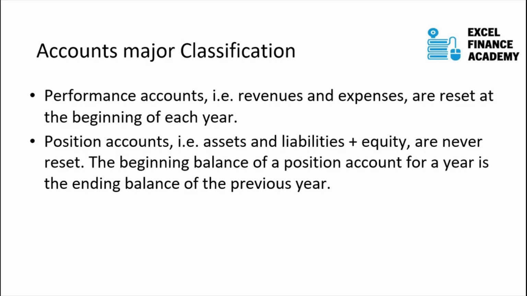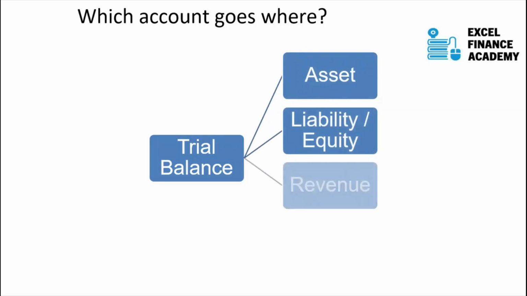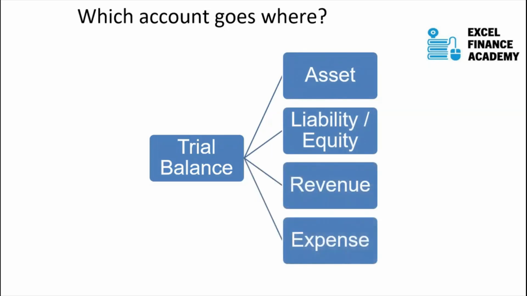Remember the extended accounting equation we did. Owner's equity is part of your original capital plus whatever you retain from your income statements. So here is an example. The trial balance will go into four parts: your assets, your liabilities, your revenue and your expenses.